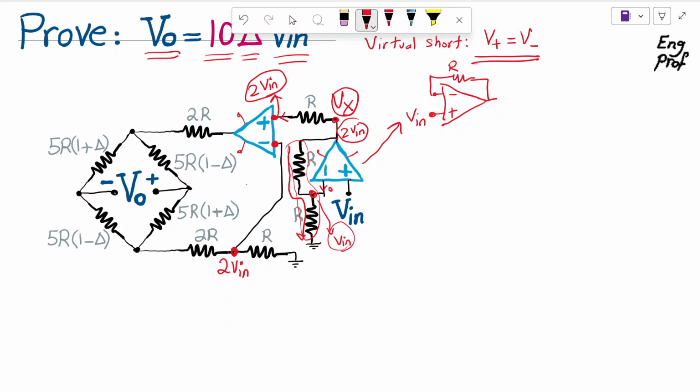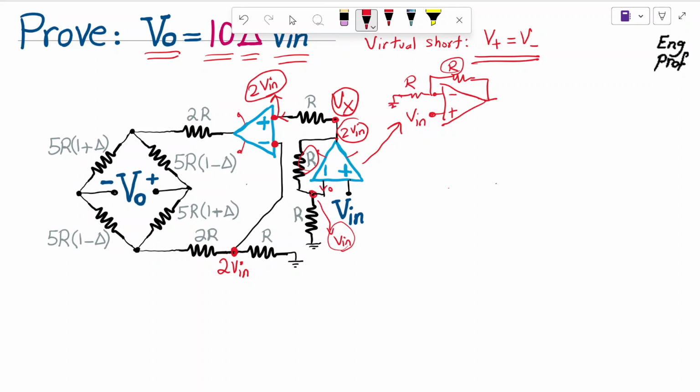There is this resistor R connecting the output, and then there is the resistor R that is AC grounded.